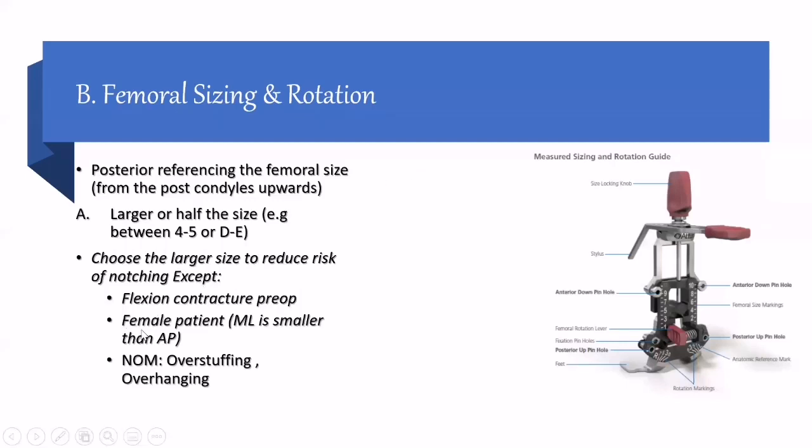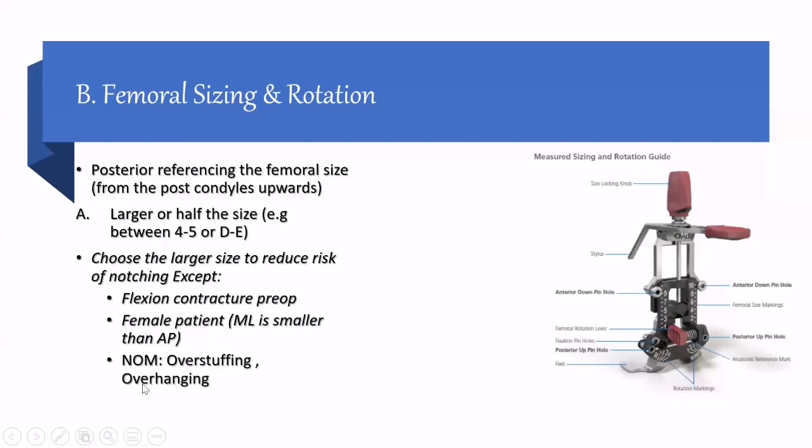The other thing is when you have a female patient where the mediolateral diameter is smaller than the AP diameter. In this case, the manufacturers or systems have made a gender type of the femur. And in this way, if you choose the female with a larger AP diameter, the mediolateral will also be large if there is no gender type.